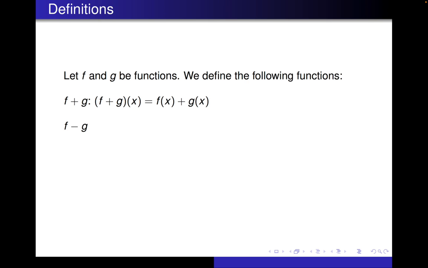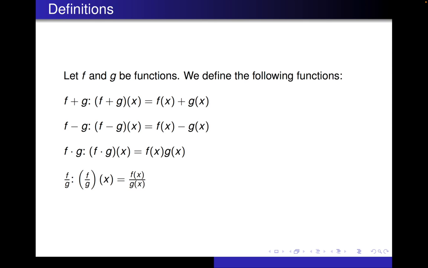If I want to find f minus g, I have to tell you what the input is, that's x, and if the input is x, then f minus g of x, you get it by plugging x into f, plugging x into g, and then subtracting the two. So f of x minus g of x. For f times g, again, your input is x, and your output is going to be f of x times g of x. And then for the function f over g, your input is x, and your output is f of x over g of x.